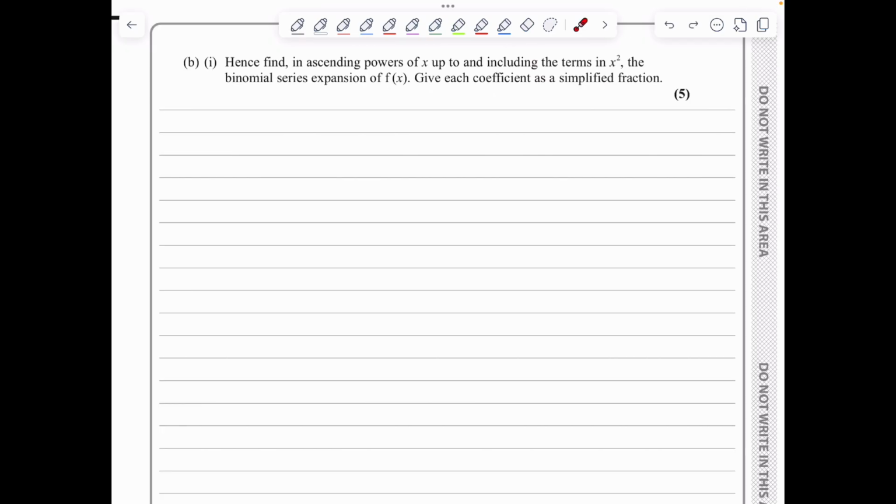In part B, we're asked to find, in ascending powers of x up to and including x squared, the binomial series expansion of f of x, giving each coefficient as a simplified fraction. So starting with f of x, we're looking at 3 over 1 - x plus 4 over 2 + 3x, which I will write as 3 times (1 - x) to the minus 1 plus 4 times (2 + 3x) to the minus 1.